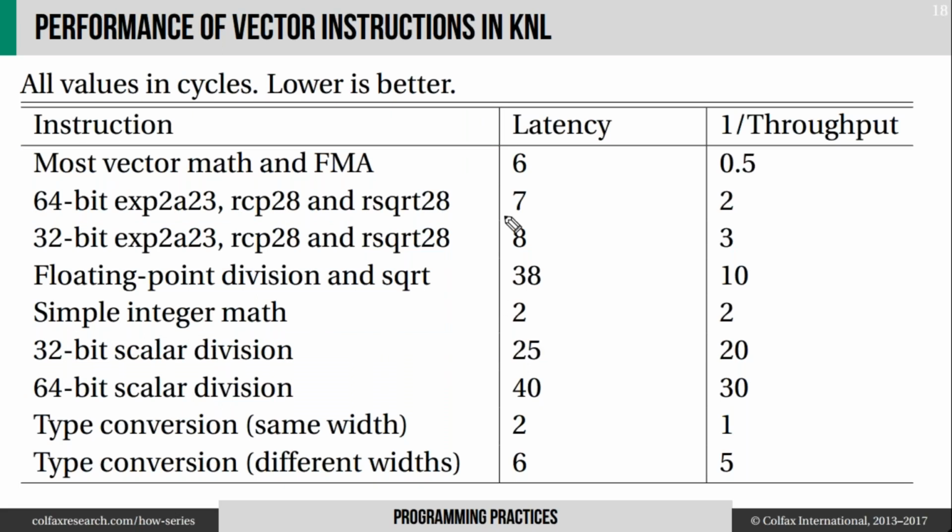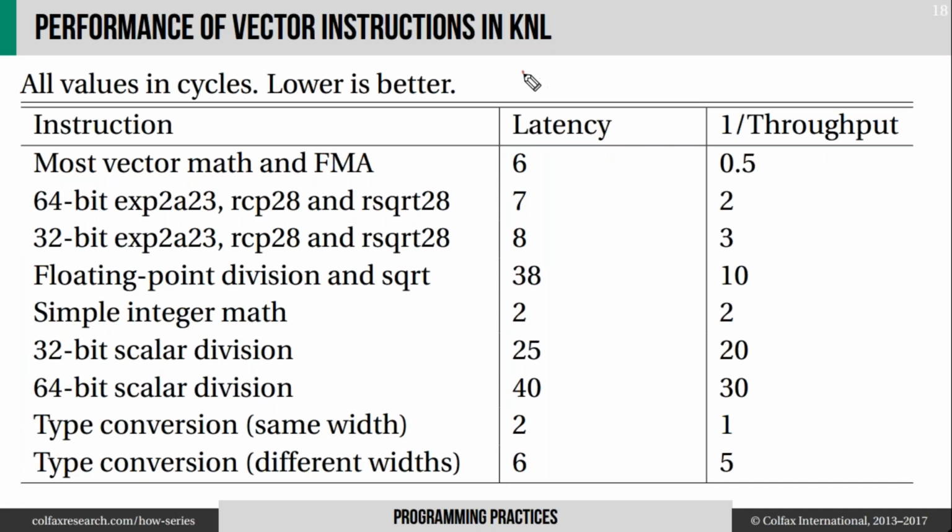This is the performance of vector instructions in the Knight's Landing architecture. Knight's Landing is the architecture of second-generation Intel Xeon Phi processors. For these instructions, I'm listing the latency and the reciprocal throughput. Well, what does that mean?